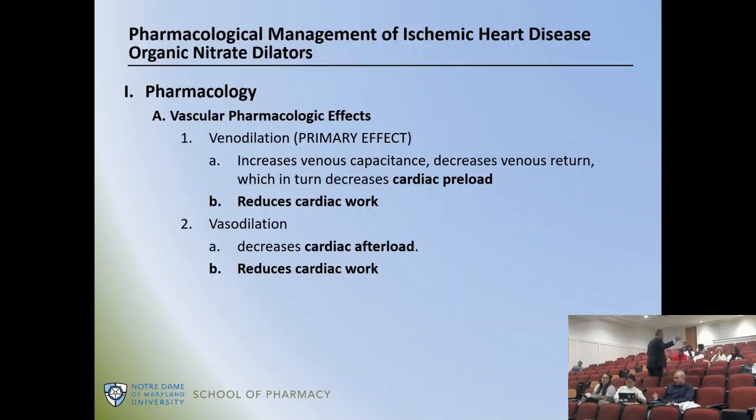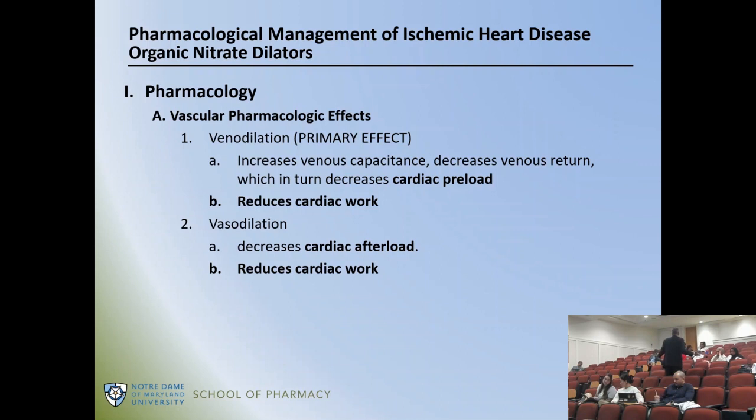What do you think is one way, based on what you've heard already? Vasodilation, right? We can give drugs that will dilate the coronary arteries, right? What if the coronary arteries have a clot in them? Right, so we can use drugs to either prevent clot formation or break up clots, right?